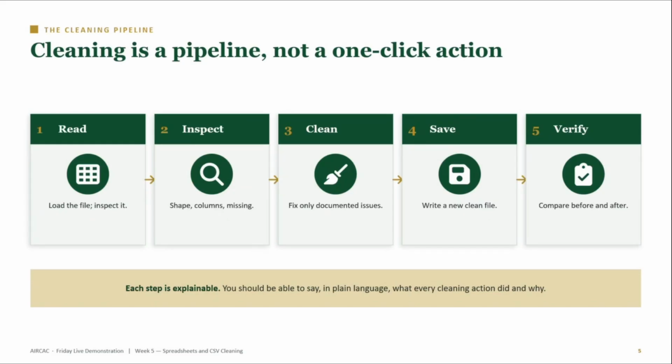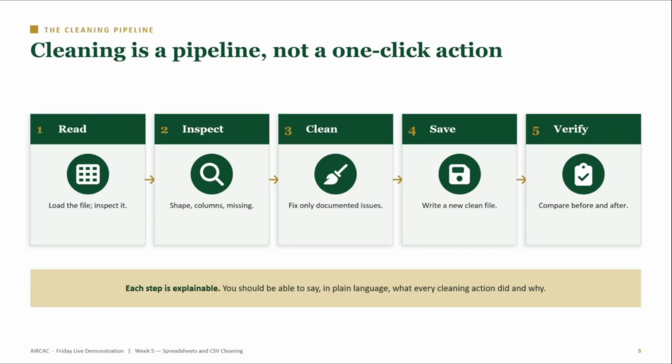Cleaning is a pipeline, not a one-click action. So we need to read, inspect, clean, save, and verify. Each step is explainable. You should be able to say in plain language what every cleaning action did and why.